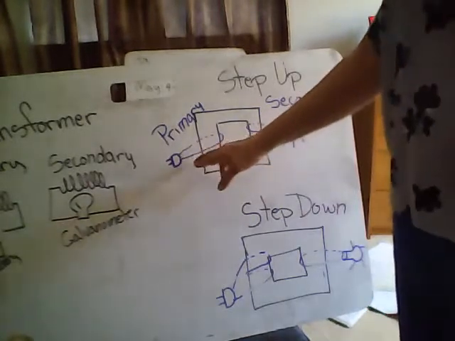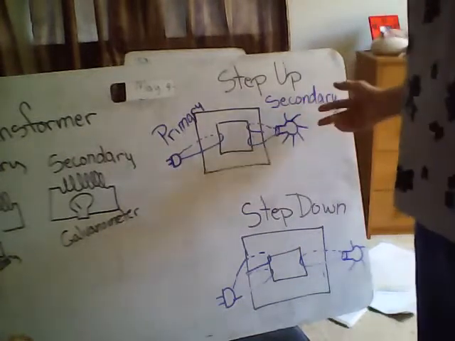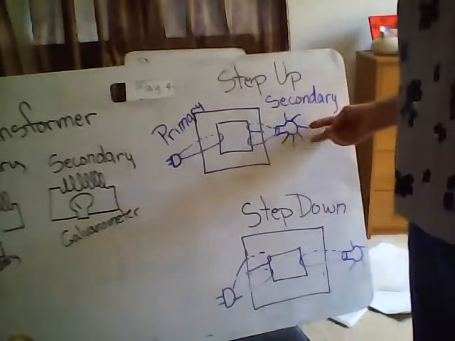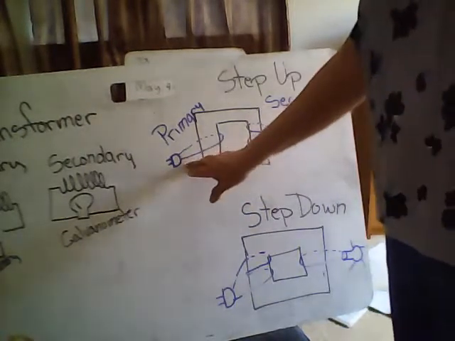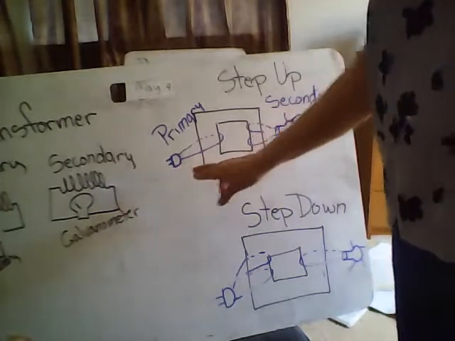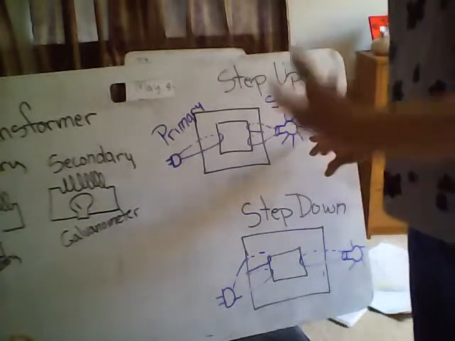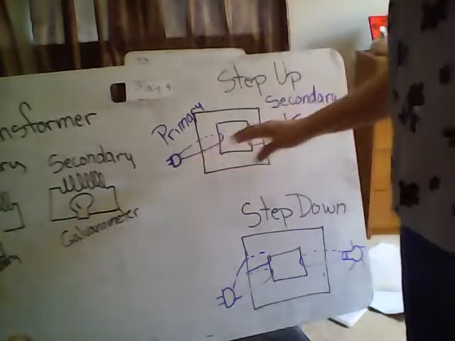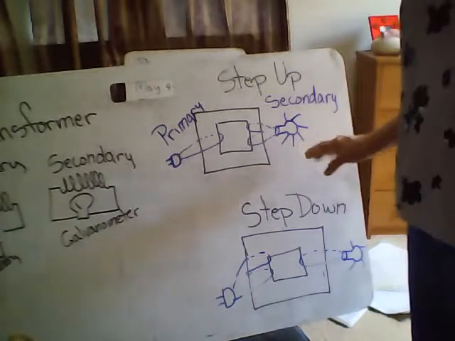On the primary, I have 1. Can you see that the secondary has more coils of wire? That means we're going to be able to double the voltage from the primary to the secondary, because Faraday tells us that the voltage is proportional to the number of coils that we have.